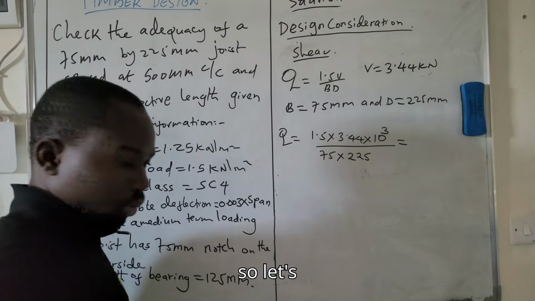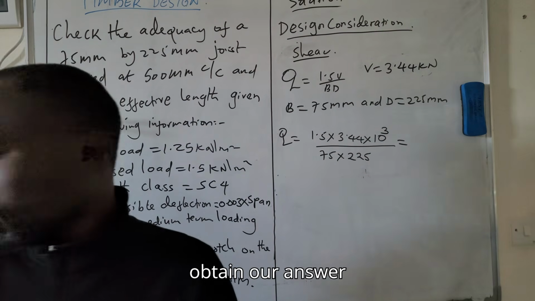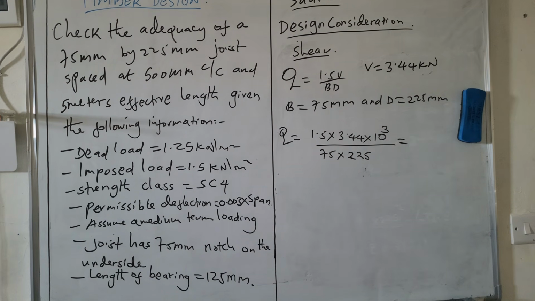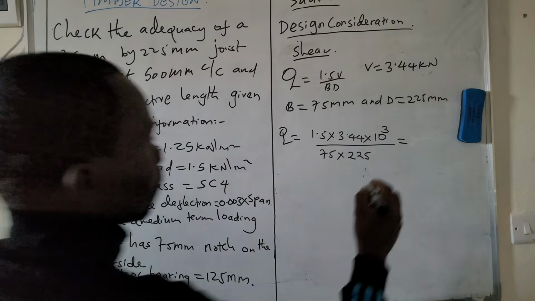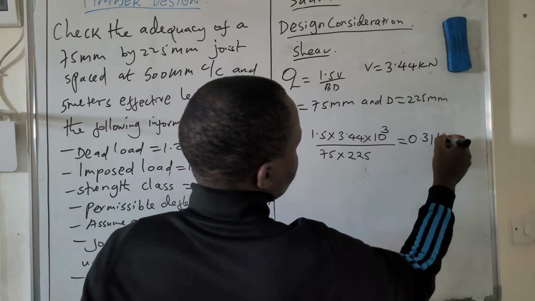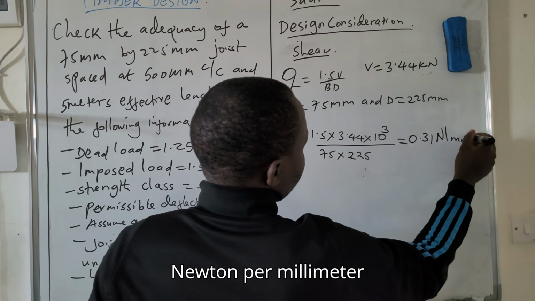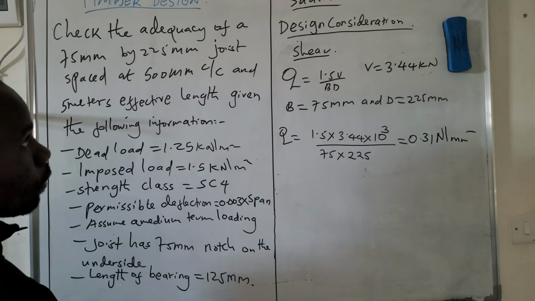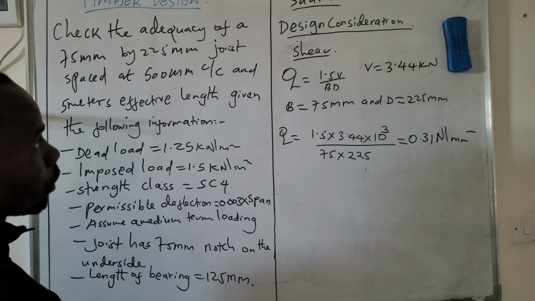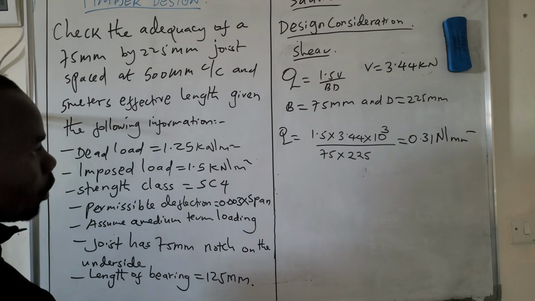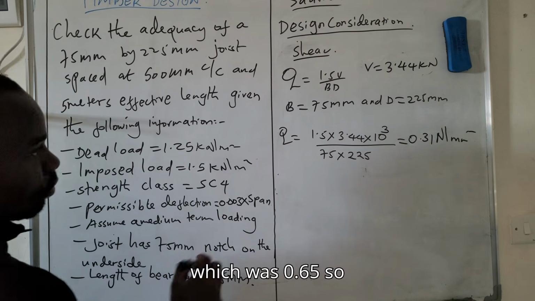So let's obtain our answer. 0.31 Newton per millimeter square. We compare with permissible stress parallel to grain, which was 0.65.